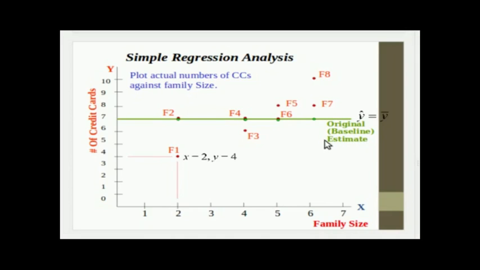That is, the green line represents the location of the estimate of total number of credit cards for these families. On the next slide, we will address this question.